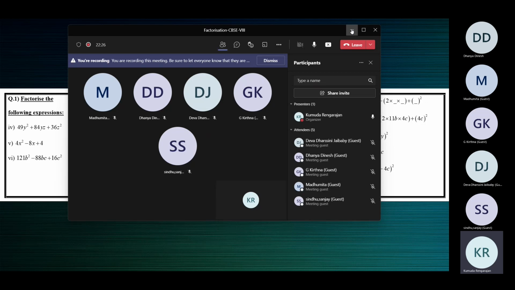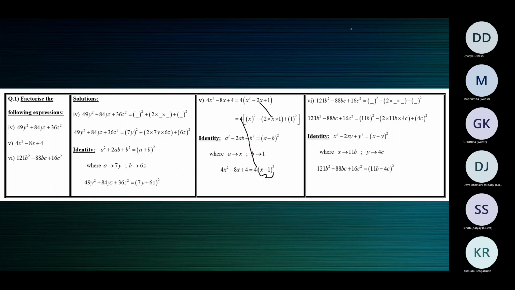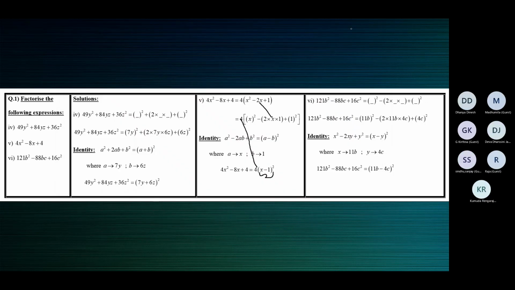Devadarshini, can you explain the sixth one? Who wants to explain the sixth one? Shall I explain? Yes, Tanya.